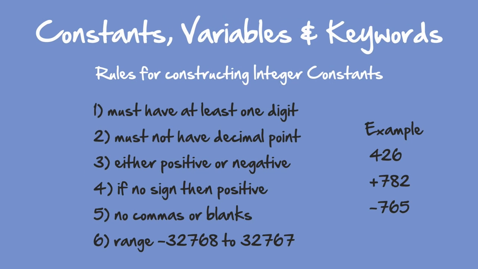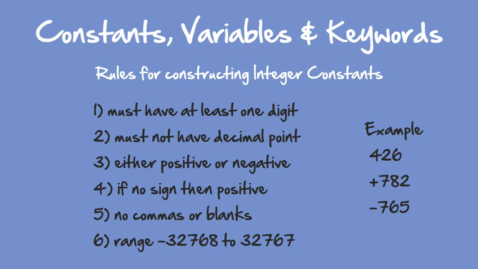Okay, so there are some rules to construct an integer constant. When you construct an integer constant, you must have at least one digit in it. You must not have a decimal point, because if you insert a decimal point, it will be a real constant and not an integer constant. It may be either positive or negative.